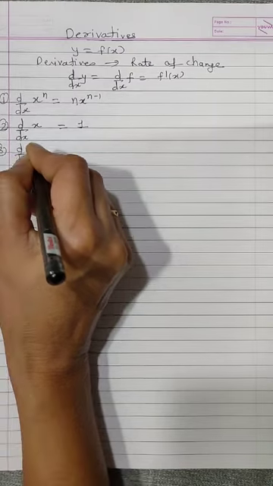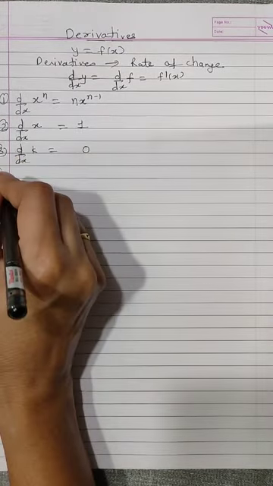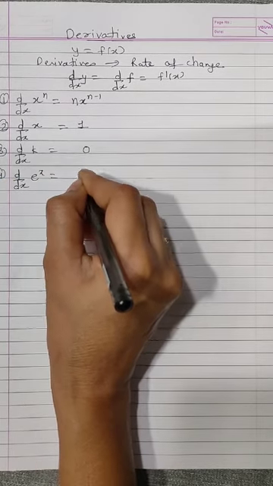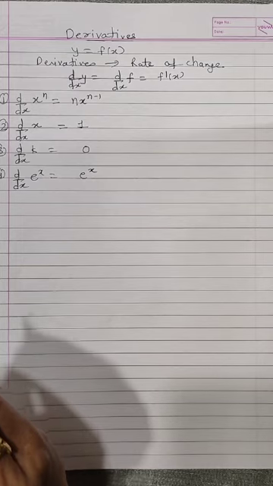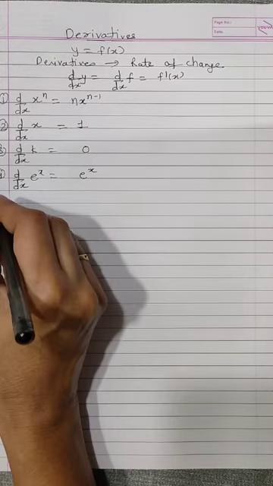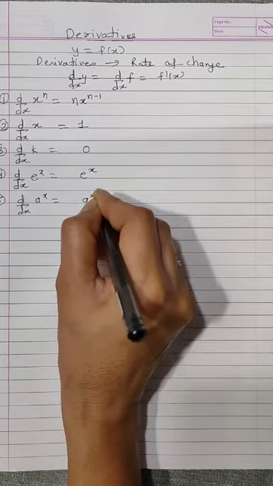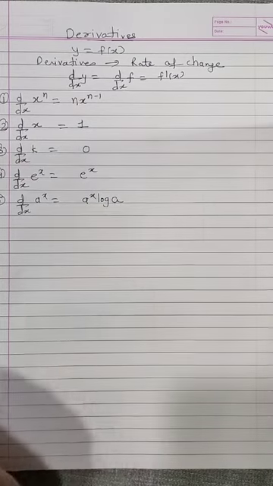Derivative of constant function k is always equal to 0. Derivative of e to the power x is always e to the power x. E means exponential function. Now derivative of a to the power x is a to the power x log a.